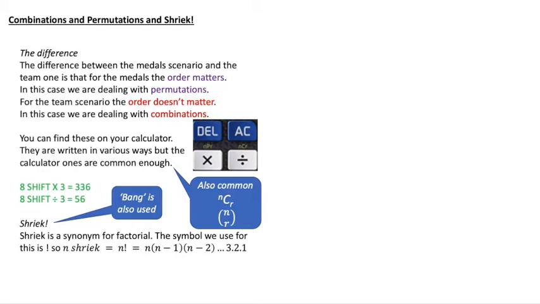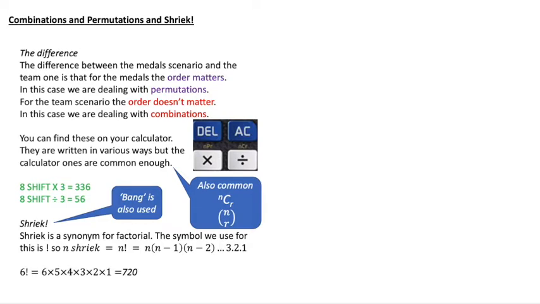And the reason I like it is it's one syllable instead of factorial, which is many syllables. So the symbol we use for this is exclamation mark, so n factorial or n shriek equals n exclamation mark, and that is n times n take away 1 times n take away 2 all the way down to 3 times 2 times 1. So it's n times all the whole numbers below it down to 1.